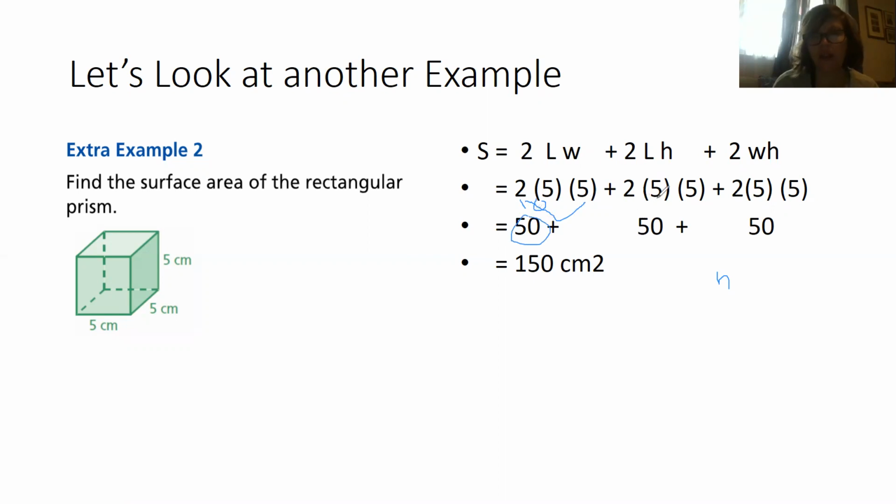And then again over here, 2 times 5 gives me 10, and 10 times 5 gives me 50. And this is going to be the same, so this gives me 50 again. And then I can just add up 50 plus 50 plus 50. I know 50 plus 50 is 100, and 100 plus 50 gives me 150. So it's 150 centimeters squared.